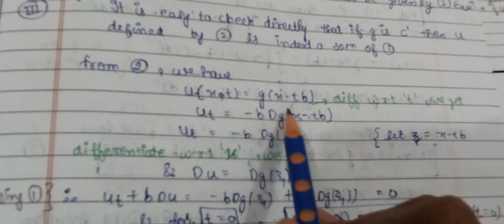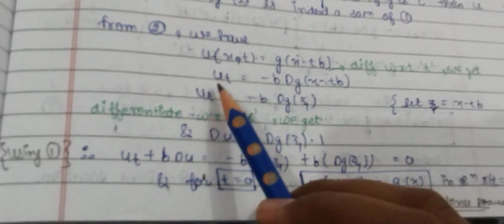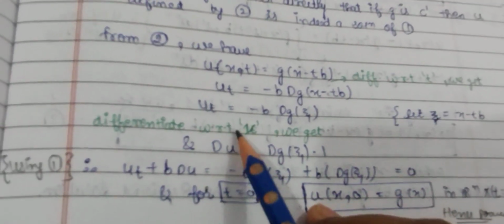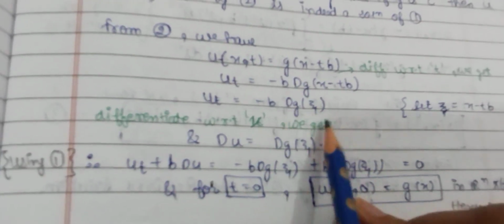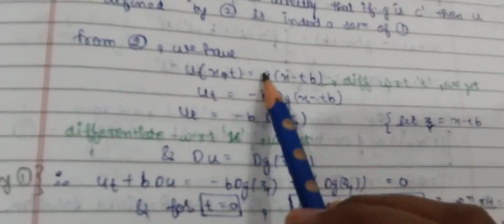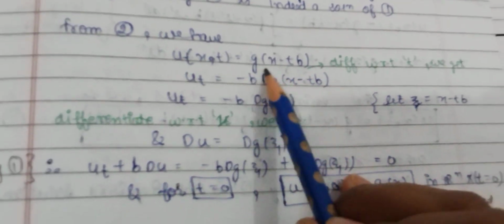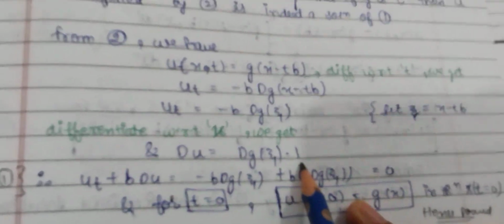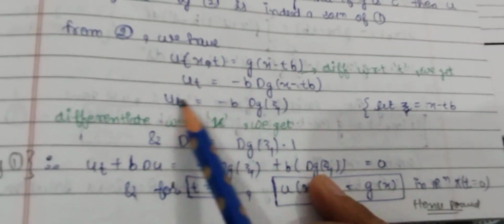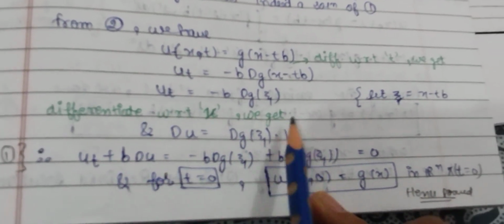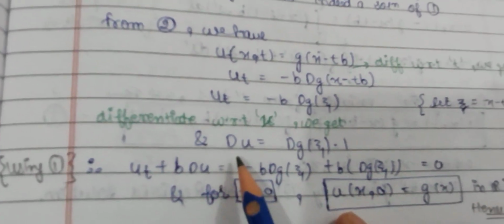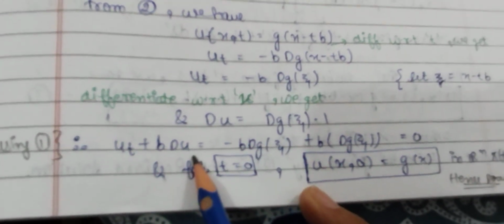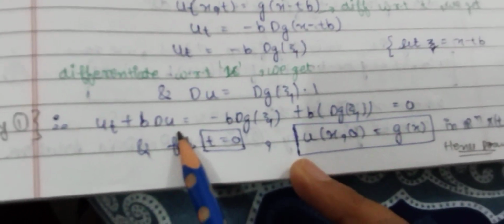Now differentiating this equation with respect to x, here u with respect to x, that means Dg(xi), where we take x minus tb equals xi, and when we differentiate x minus tb with respect to x we get 1, so Du equals Dg(xi). So put this ut and Du in the first equation, which we considered in the initial value problem, that ut plus b dot Du equals 0 in Rn cross (0, infinity).